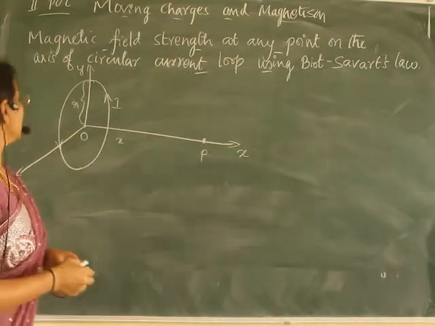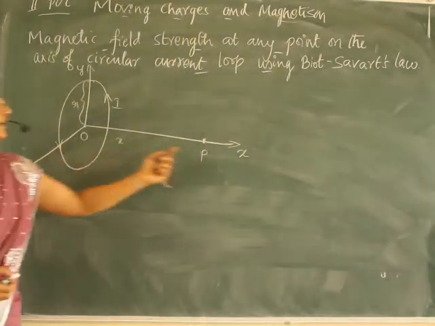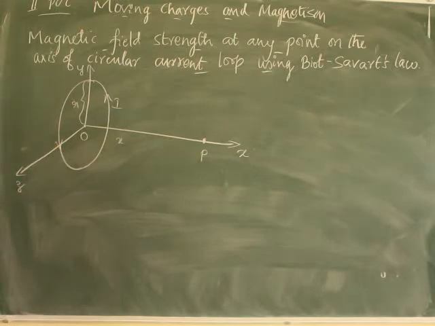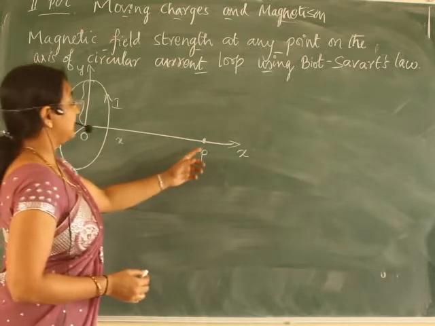Fine. So this point P is at a distance x from the center of the circular loop, and let R be the radius of the circular coil. We want to find magnetic field at this point.